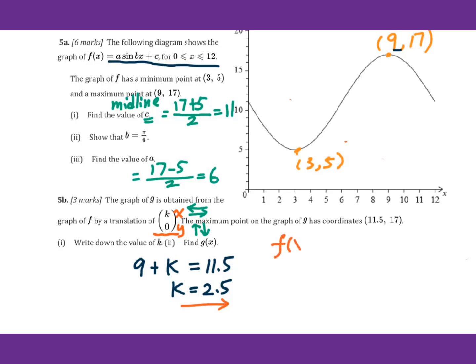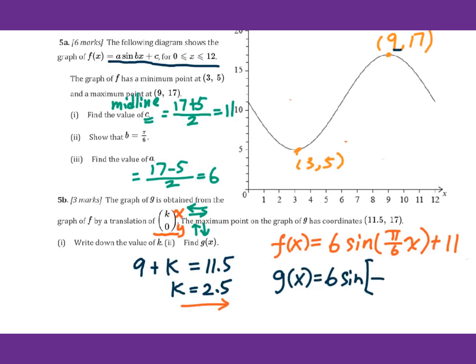Therefore, from f of x, we got 6 sine pi over 6 x plus 11. We can get g of x equals 6 sine pi over 6 times (x minus 2.5), then plus 11.